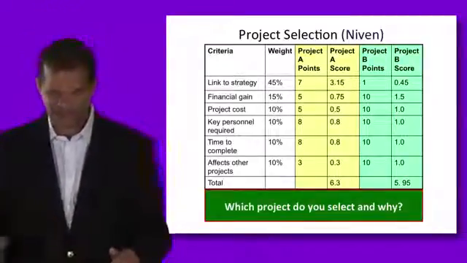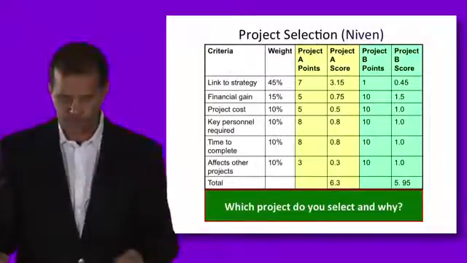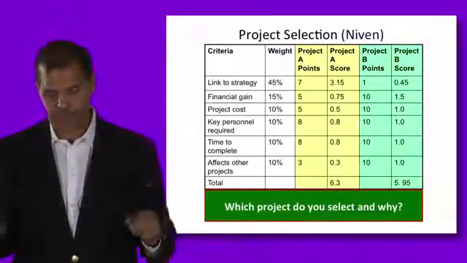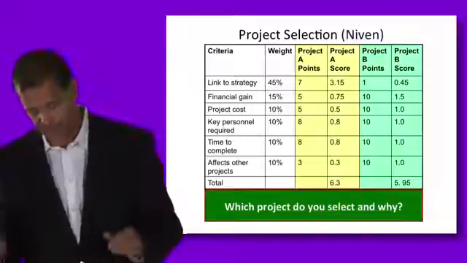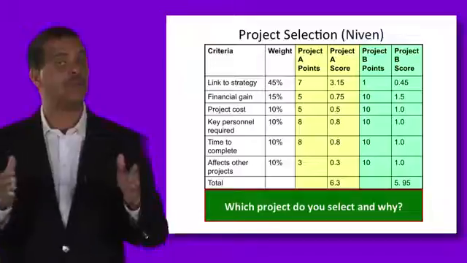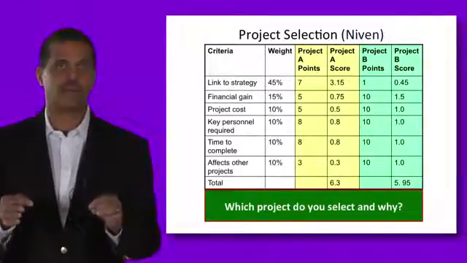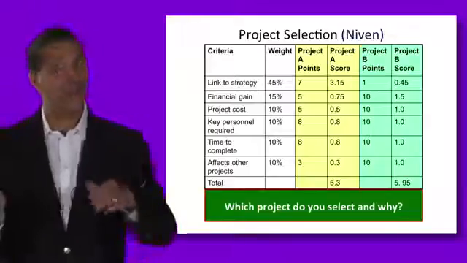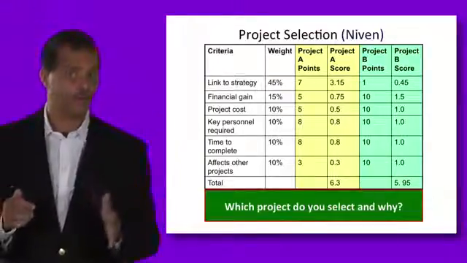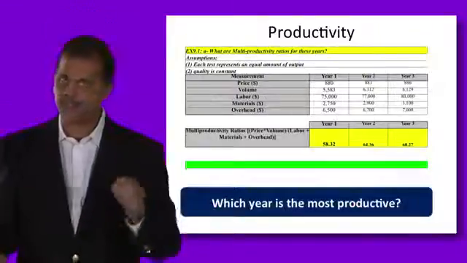Then you drop down to the bottom where it says total. So again, from a purely numerical point of view, the one in yellow is 6.3, the one in green is 5.95. So you would select 6.3 if you only consider the quantitative factors. But in real life, you consider the quantitative and you consider the what? Qualitative.